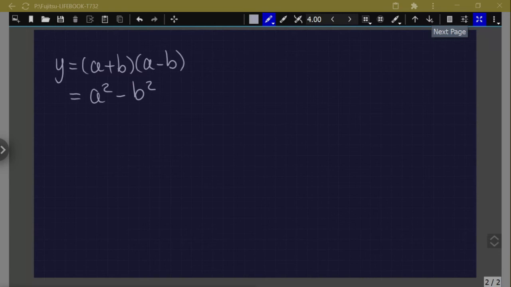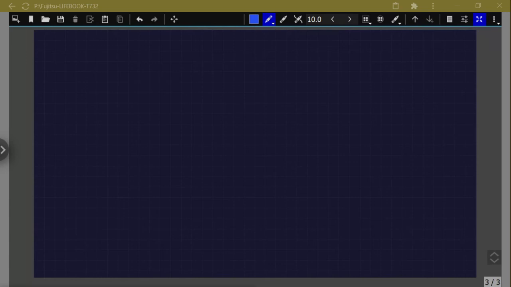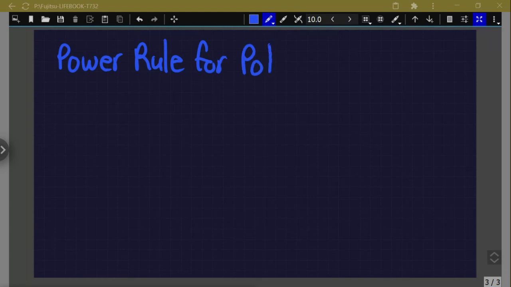And when you have a term, let me go to the next one, because this one is going to be the power rule, right, for polynomial terms.